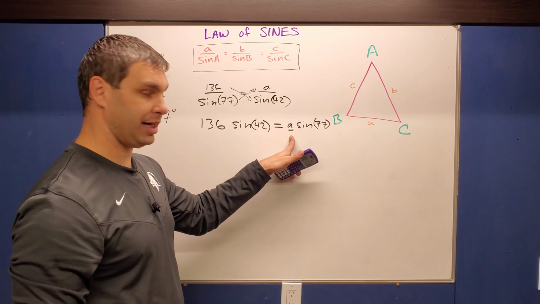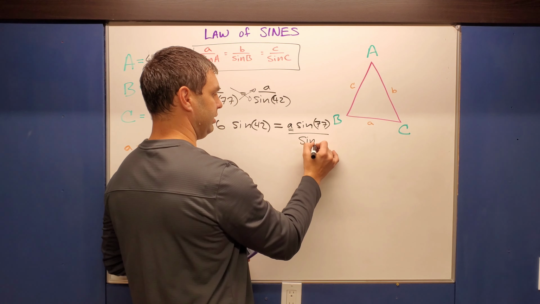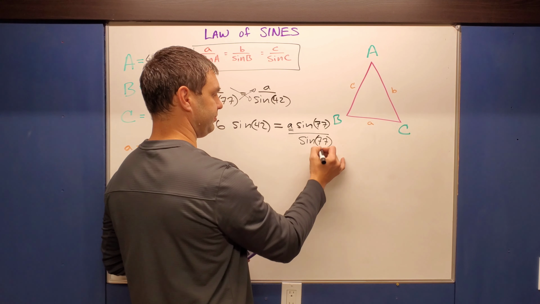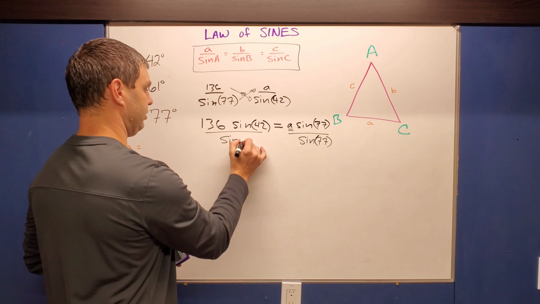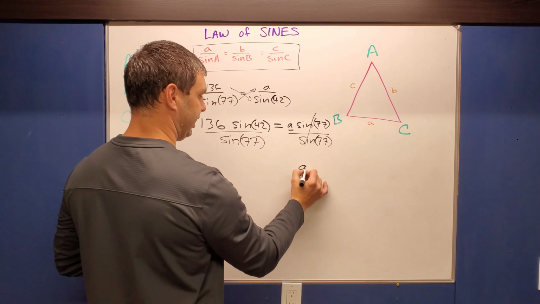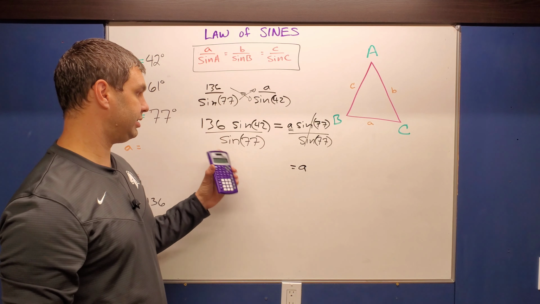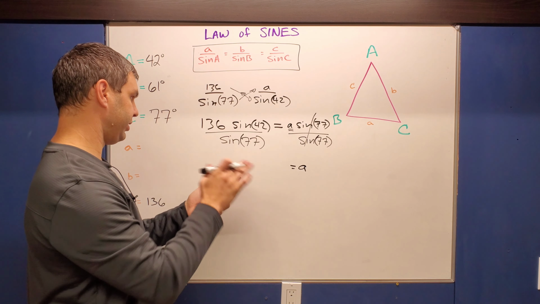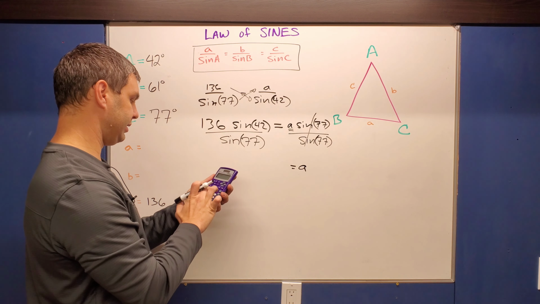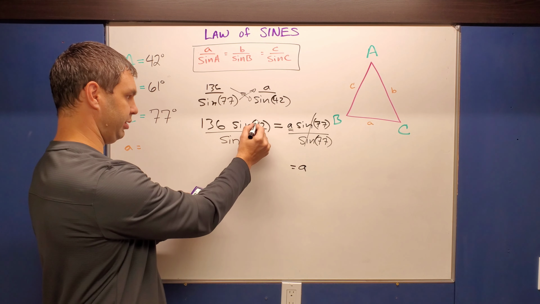So to get the a by itself, I'm going to divide this one by sine of 77. Do that on both sides. So on this side it cancels, leaving me with just a, which is good. And then you will have to rely on the calculator quite a bit to type all this in. And when you type it in, you got to be a bit careful here with parentheses. I'm going to type in 136 sine of 42, and then my calculator opens up this parenthesis.